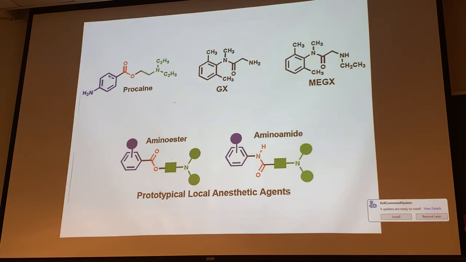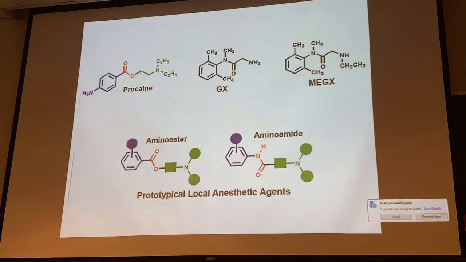The ester in the aromatic group approximates the position in cocaine, and then the tertiary amine here. And so these bind to the pain receptor in similar ways to cocaine. Cocaine's a non-selective dopamine reuptake inhibitor, and we'll get into neurotransmitters later when we talk about amines.